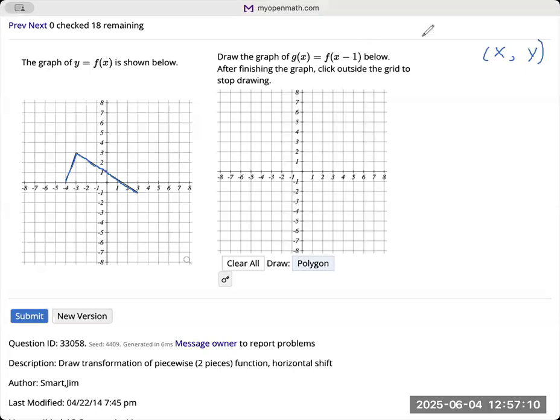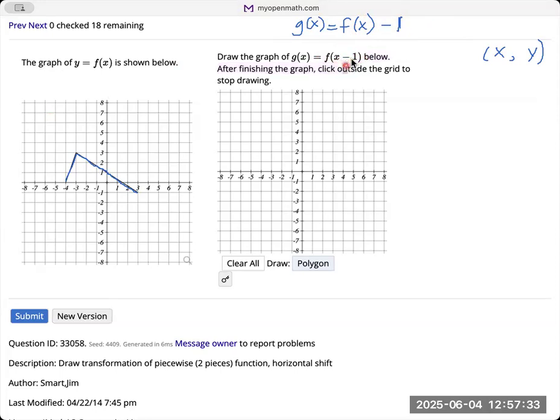We've seen in a previous example a function f of x where we subtracted outside the parentheses. This is what inside the parentheses looks like, a subtraction inside the parentheses of the f of x function.